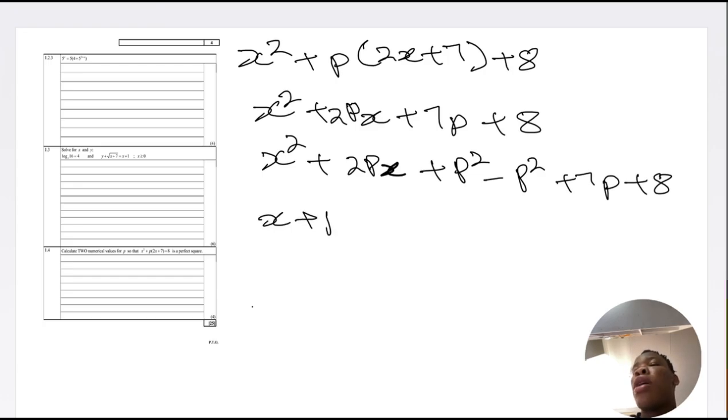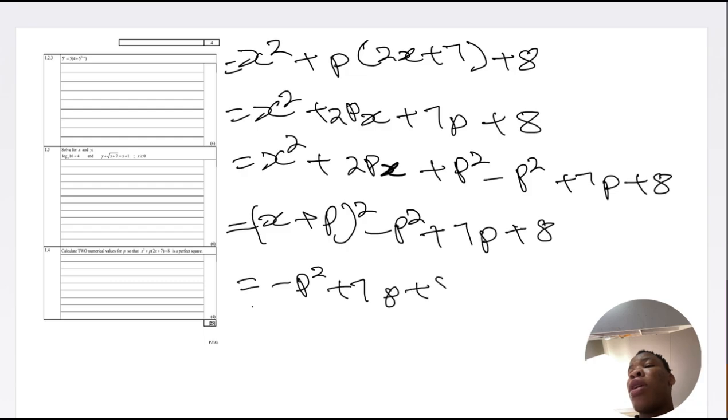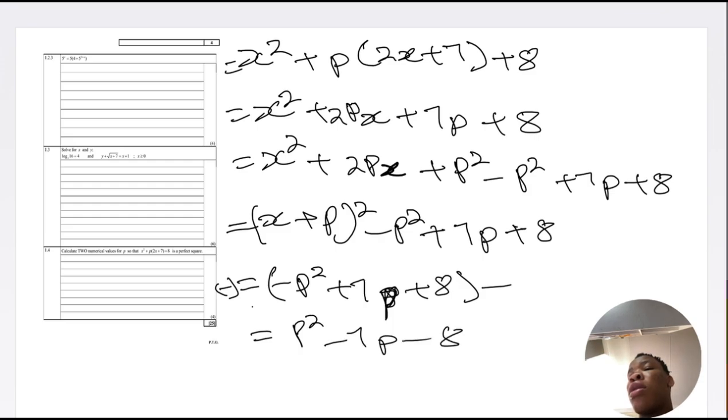Therefore, you will have x plus p, all of them squared, minus p squared plus 7p plus 8, equals to negative p squared plus 7p plus 8. Let me write this p very well. Then let's multiply all over by negative. You will have p squared minus 7p minus 8.